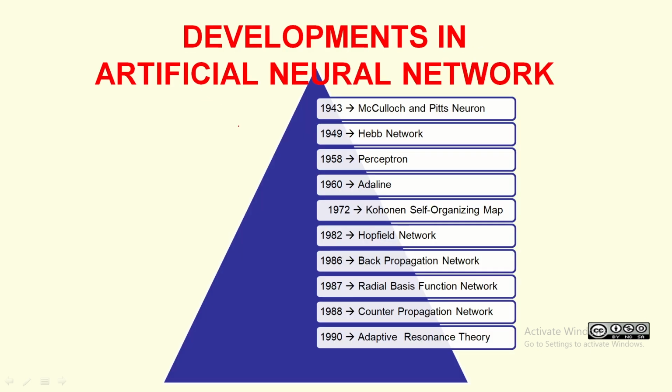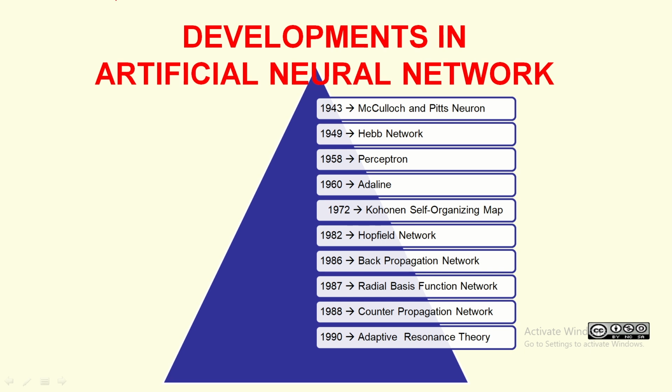What are the developments that have happened in the neural network? From 1943 until now, there have been a lot of developments, and I have listed here only the 50 years of developments, from 1943 to 1990. The very first model is the McCulloch-Pitts model, followed by Hebb, perceptron, Adaline, self-organizing map, Hopfield network, backpropagation, radial basis, counter propagation, adaptive resonance theory.